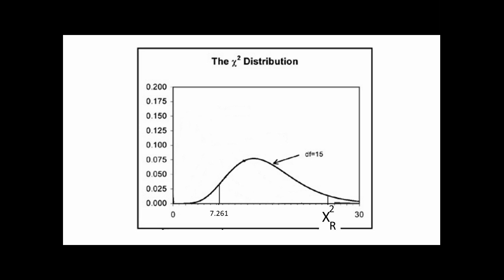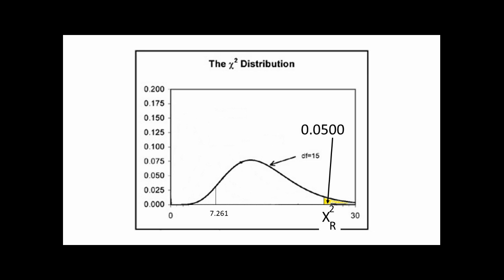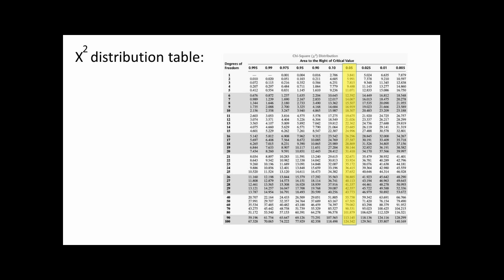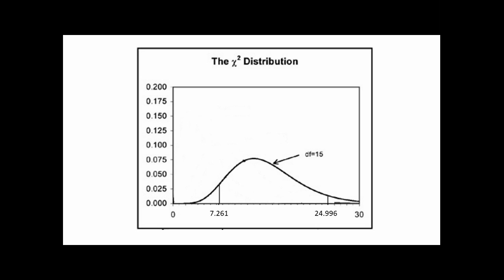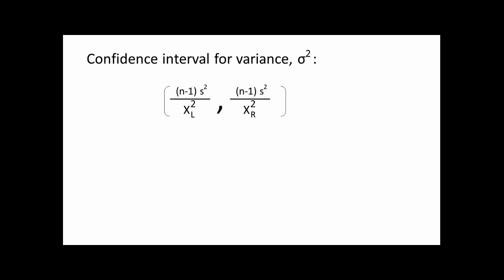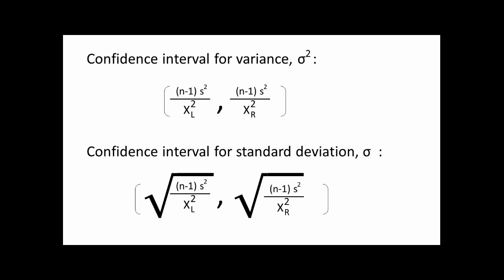Then, for the chi-R square position, we know it has an area in its right tail of 0.05, but since the chi-square table already gives areas to the right, we can simply use that column for 0.05 and again for 15 degrees of freedom to get a value of the chi-R square of 24.996. Once you have your chi-L square and chi-R square values, use these formulae to calculate the confidence intervals for variance or for standard deviation, depending on what you are asked to solve.